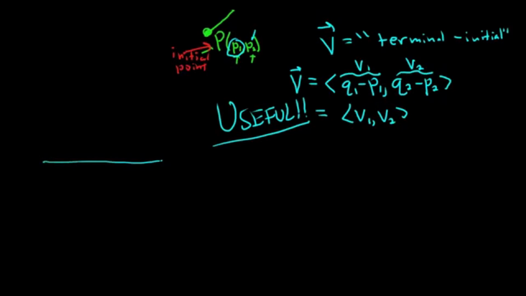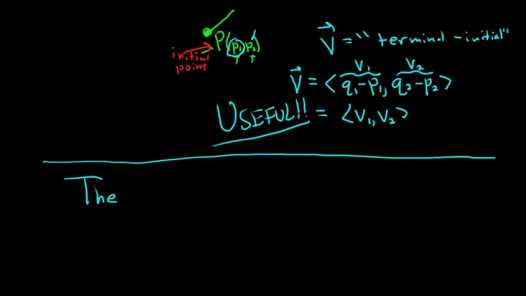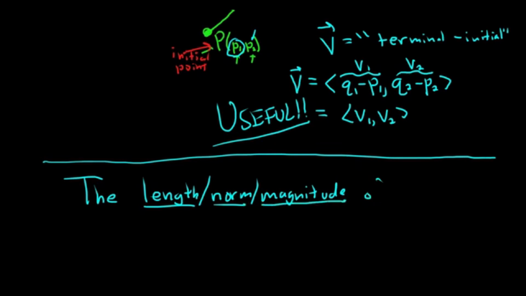There's a couple formulas. Sometimes we're interested in finding what's called the length of the vector. It's also called the norm, also called the magnitude. So lots of names for the same thing. For the length, norm, or magnitude of a vector, let's call our vector v.